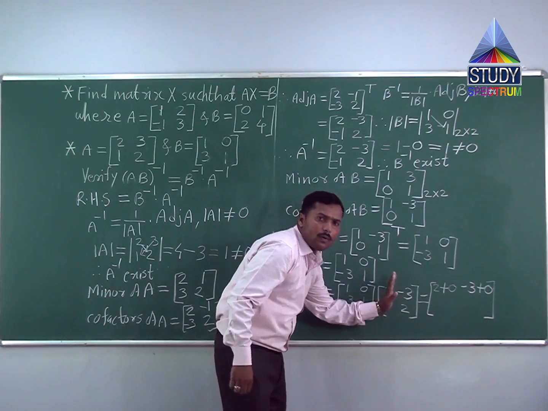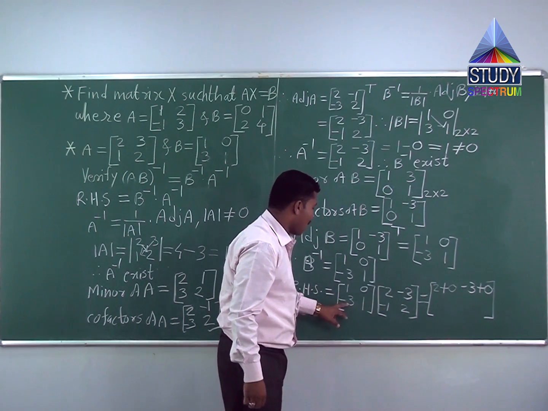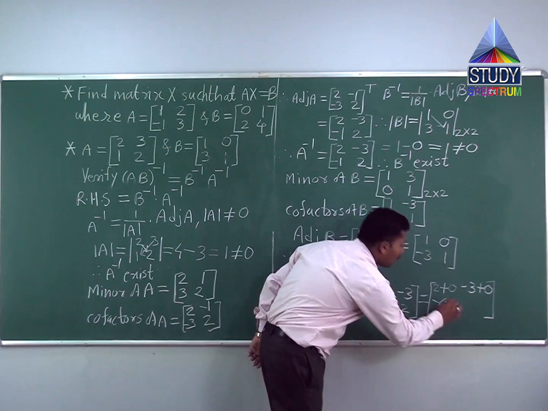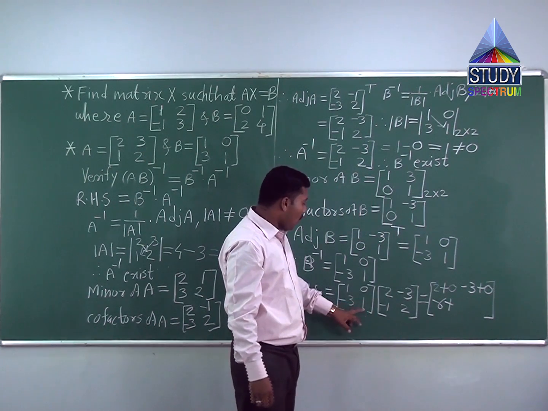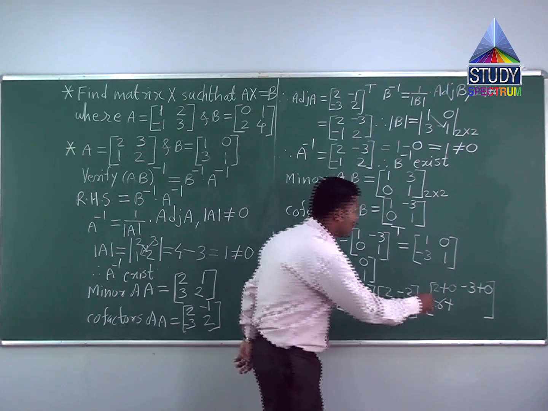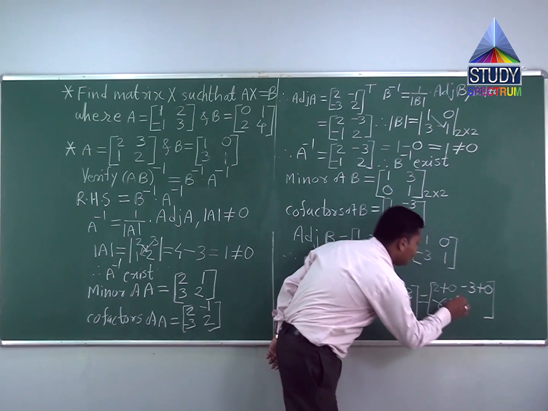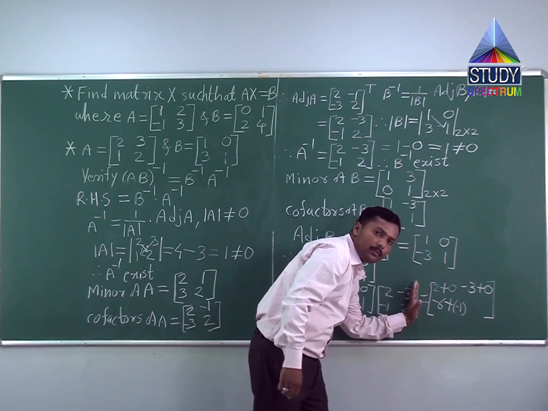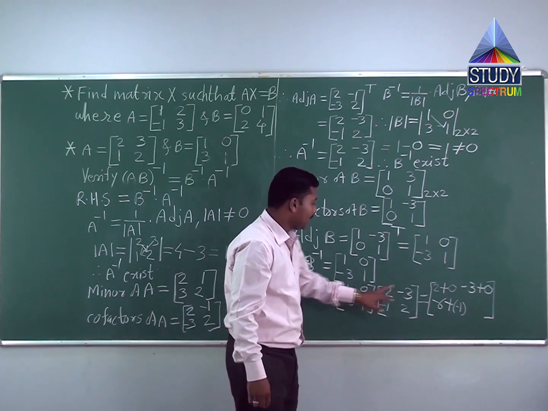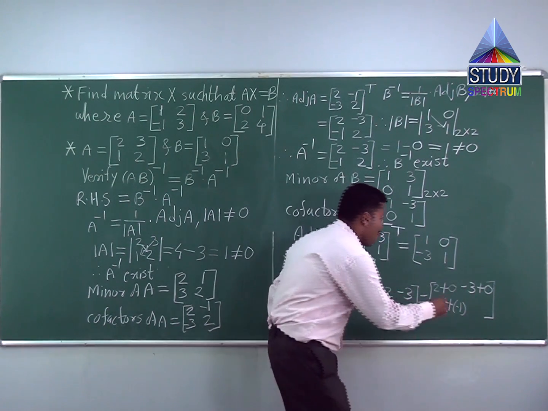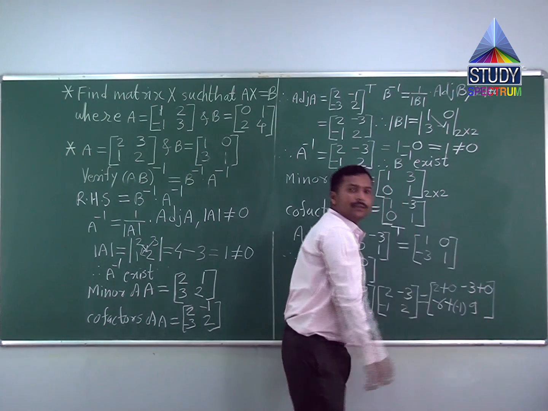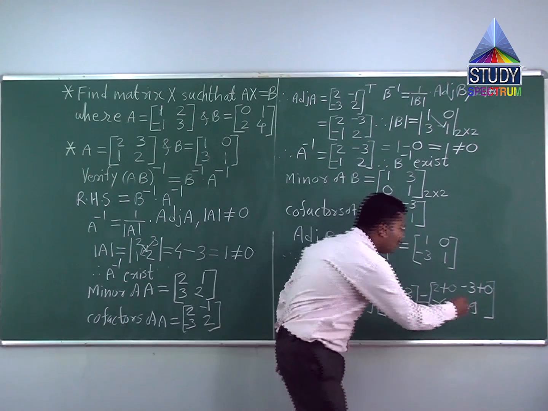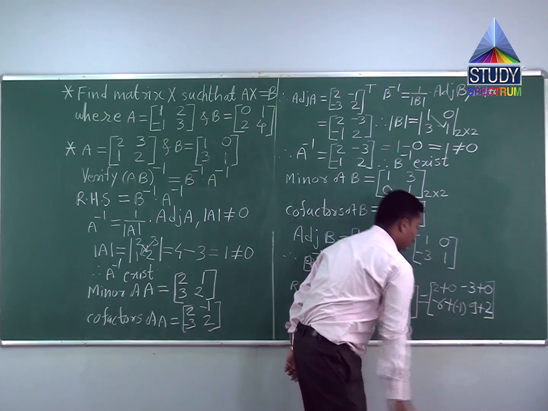Second row, first column: minus 3 into 2 is minus 6, plus 1 into minus 1 is minus 1. Second row, second column: minus 3 into minus 3 is plus 9, plus 1 into 2, so plus 2.